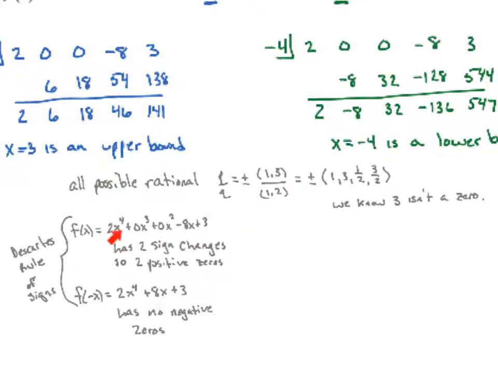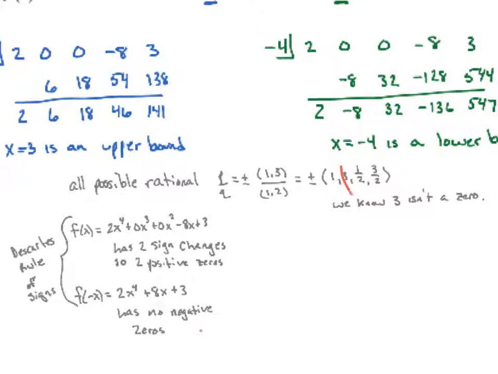What do we know? I know that the original function has 2 sign changes, so 2 positive real zeros or 0 positive real zeros. F of negative x, when I substitute a negative x everywhere there was an x, there are no sign changes, no negative real zeros. So we know, first of all, if 3 is an upper bound but does not have a remainder of 0, I know 3 is not going to be a zero, so I can mark that one out.